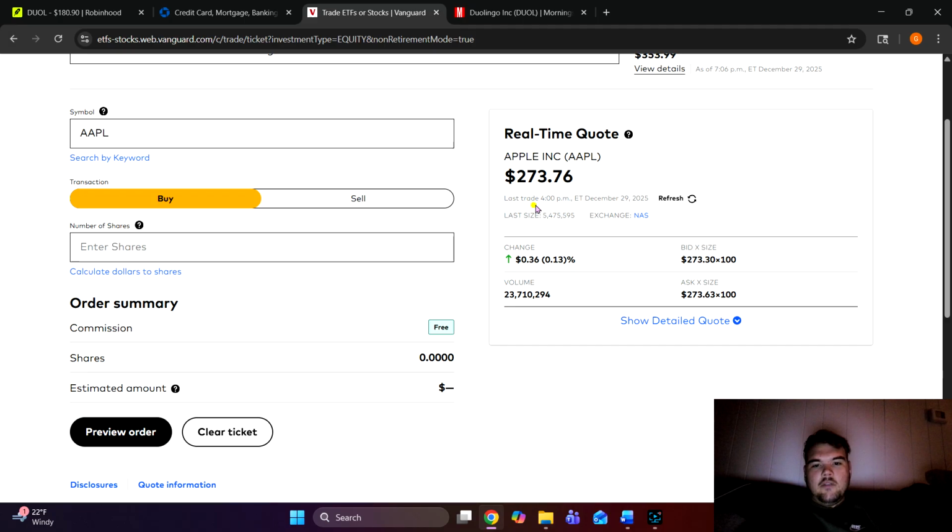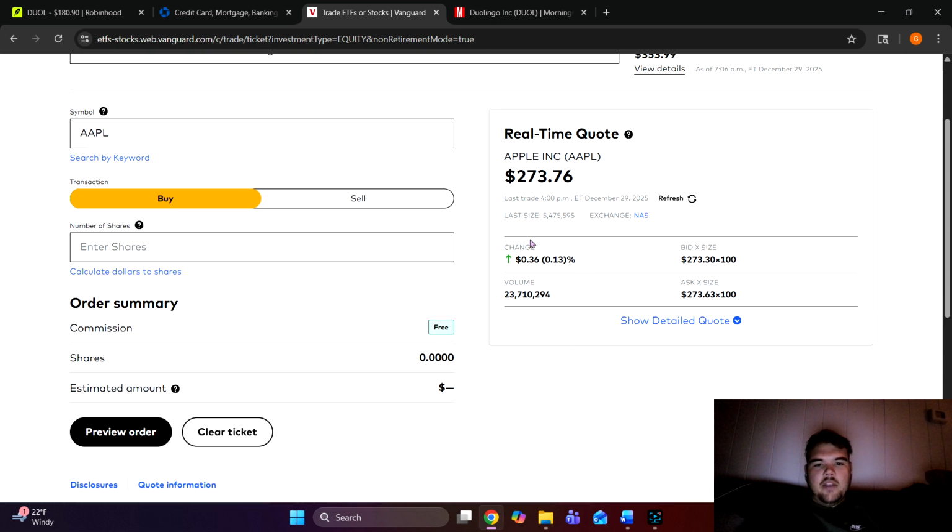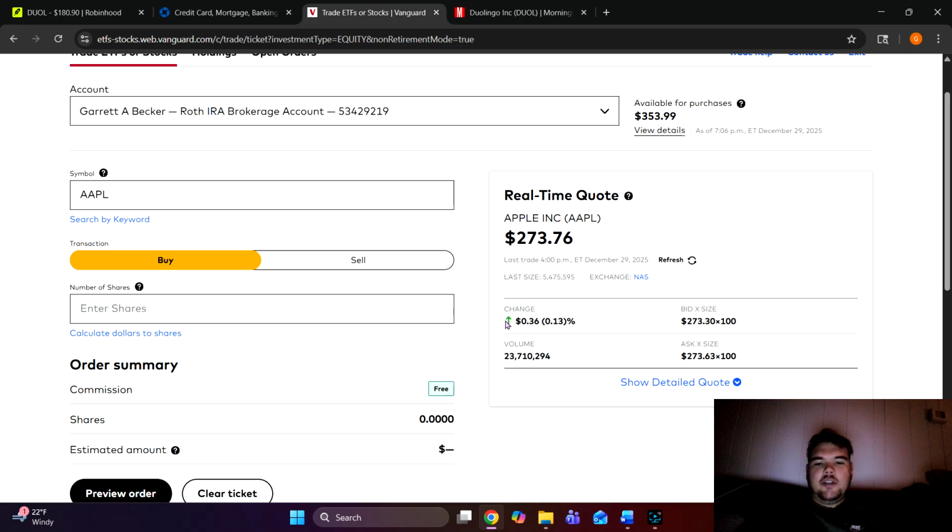That was as of 4 p.m. today, December 29th, 2025. Sometimes it will also tell you the percent change and the dollar amount change. Here is where things can get kind of confusing, but it's really not that difficult.